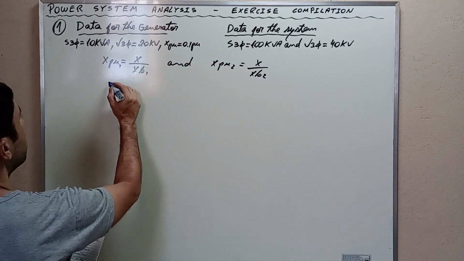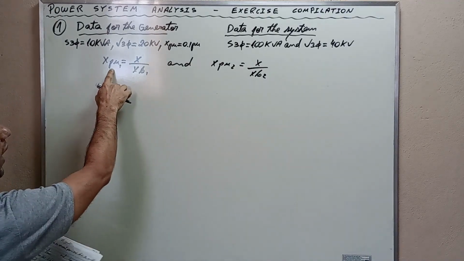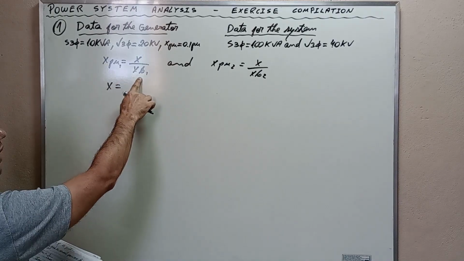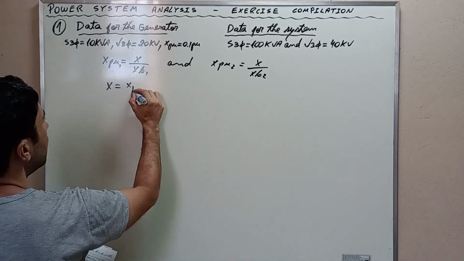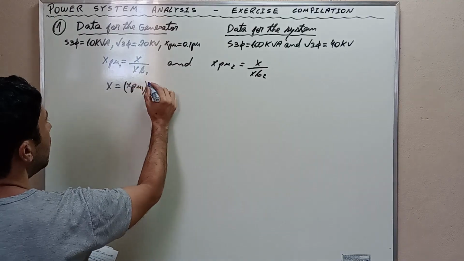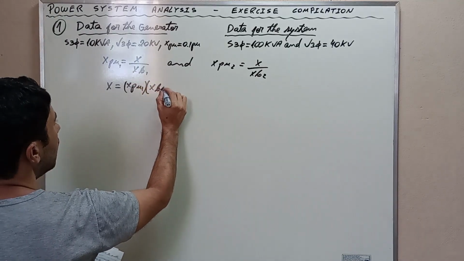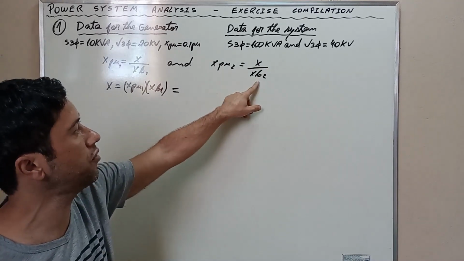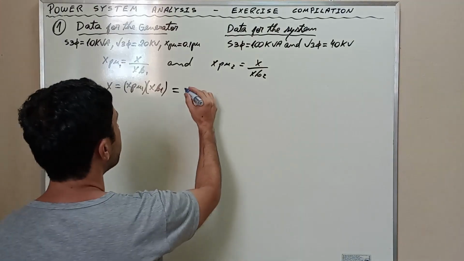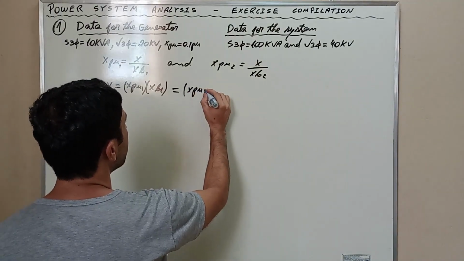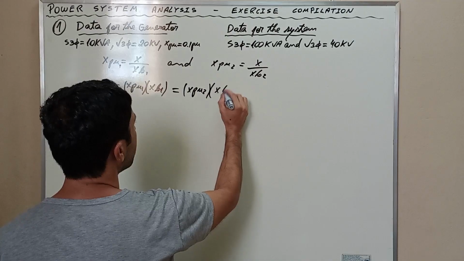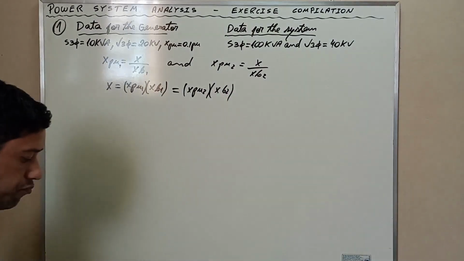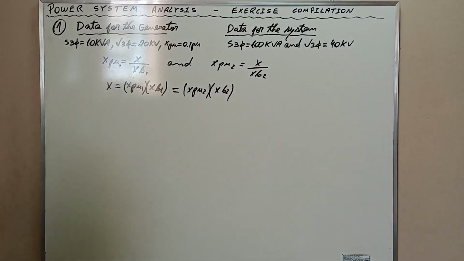So x is equal to xPU1 times xB1, which is equal to xPU2 times xB2. Okay, my friends? This expression is going to enable us to calculate the new value of the reactance in per unit.